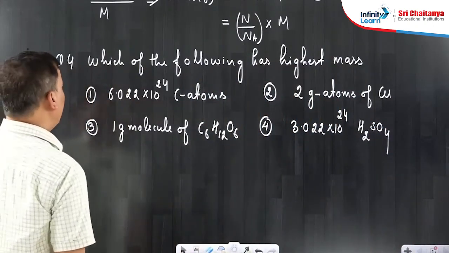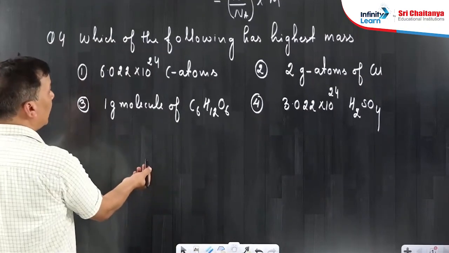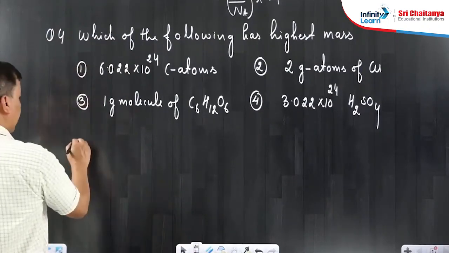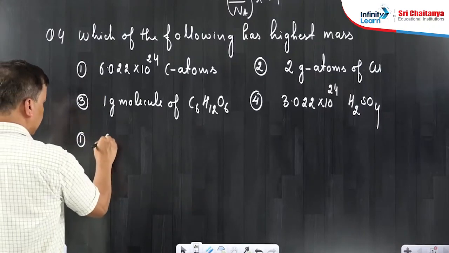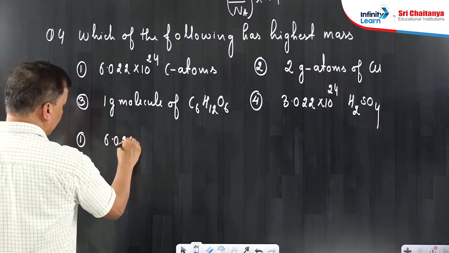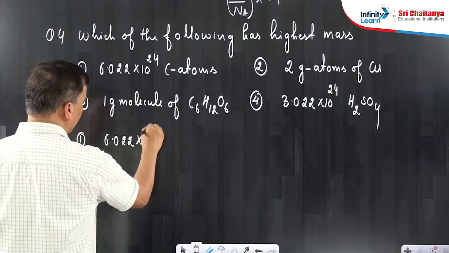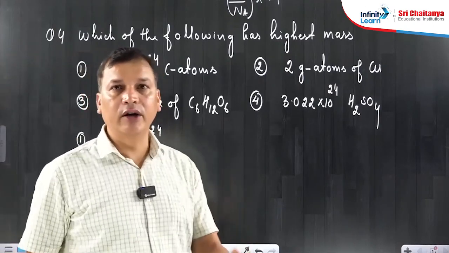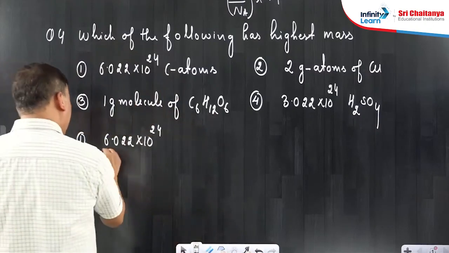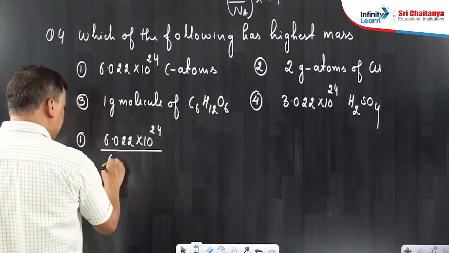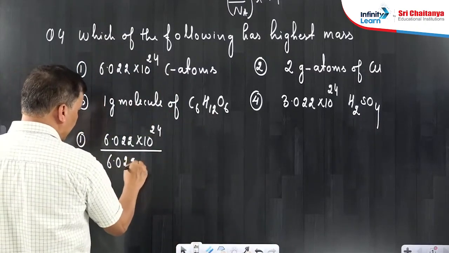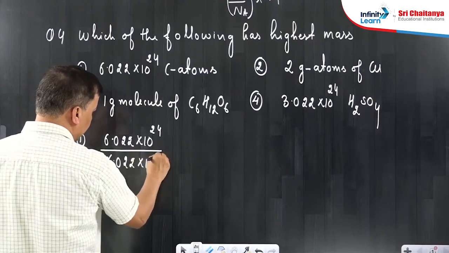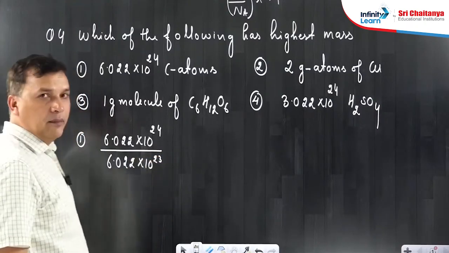Dear student, what we are given here is, we have to find out the mass. In the first option, we are given 6.022 into 10 raised to power 24 carbon atoms. First of all, we have to convert into the number of moles, divided by 6.022 into 10 raised to power 23. These are the number of moles.